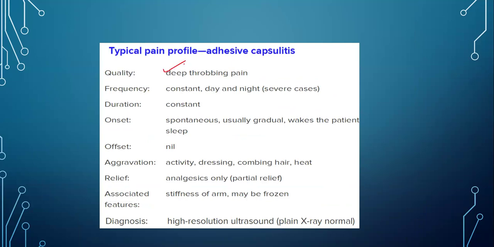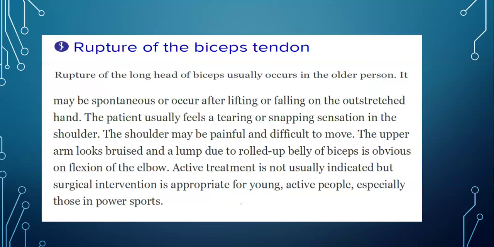There will be a deep aching pain, constant day and night, and the patient will not be able to do anything. So complete stiffness of the arm. The first movement that will be lost in a frozen shoulder is external rotation, and that will be followed by all the others. How to diagnose? Ultrasound.